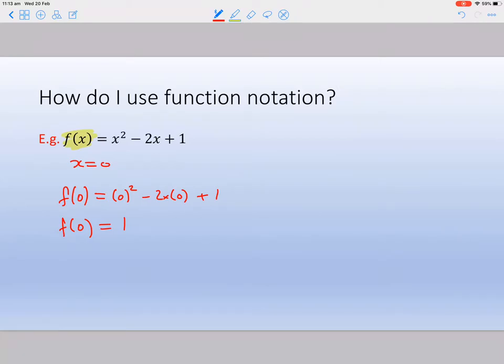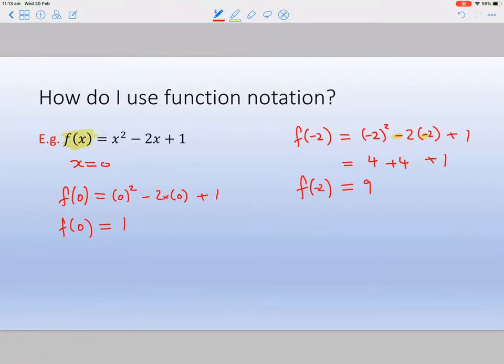Let's do another one. Let's do f of -2. Well, that's just -2 squared minus 2 times -2 plus 1. And if I work that out, that would be 4 plus 4 because of the double negative there. And then plus 1. So that equals 9 for f of -2. So this notation essentially is like, what is that when x equals something, okay?